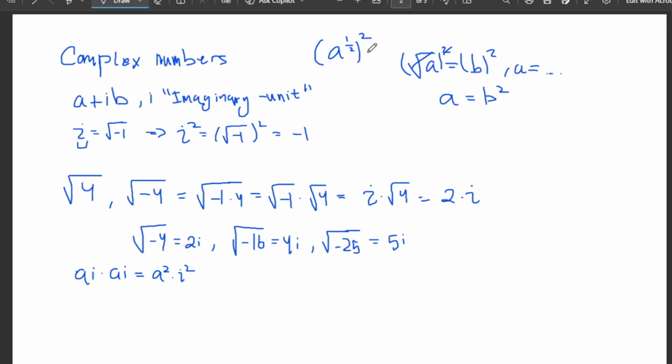Remember the power rule: if there's multiplication, the powers multiply together, giving a to the power of 1. So a equals b squared. So i squared must be -1, so we have negative a squared, which is inside the radical.